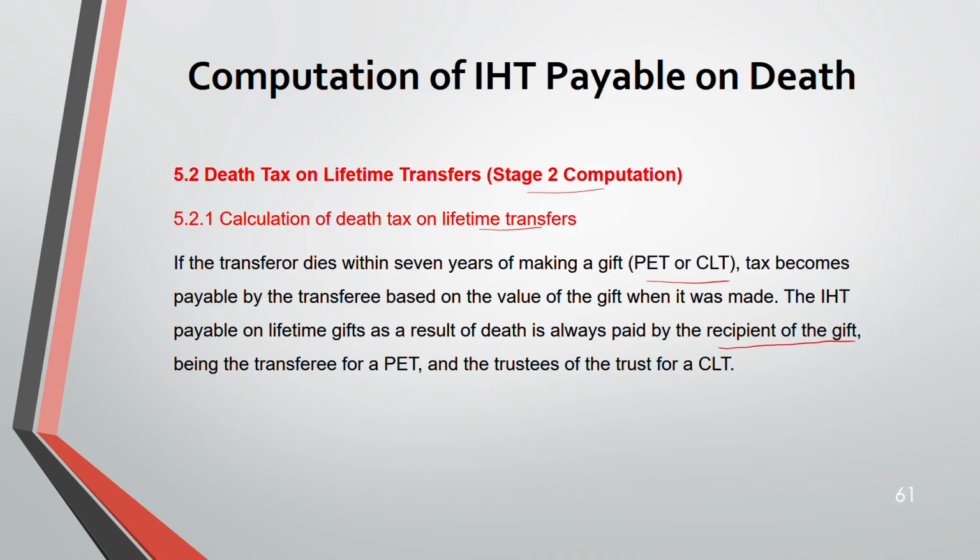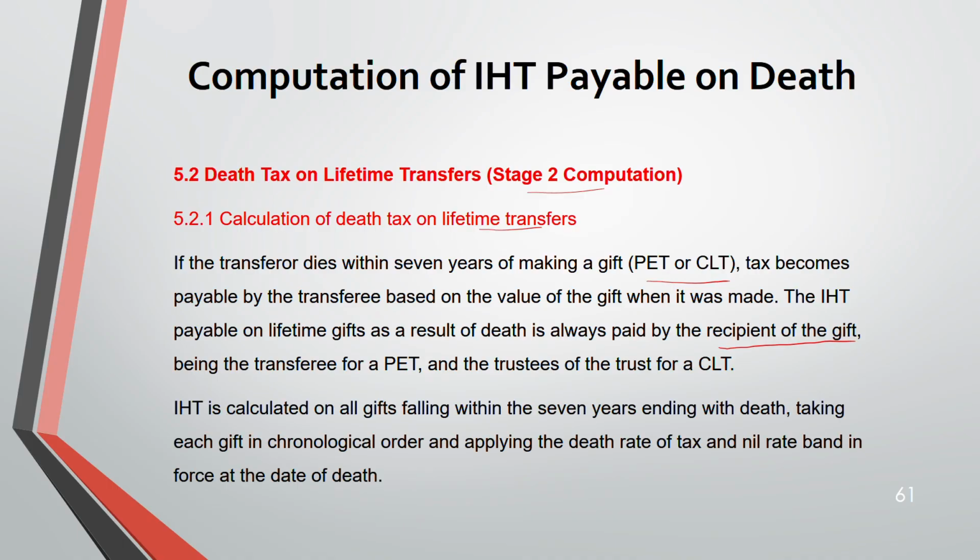Of course, how can the donor pay? Donor is dying, no? So who is paying? The recipient of the gift. So if it's a trust, trustees will pay, and if it's a PET, whoever, the son, the daughter, the wife, they will pay.